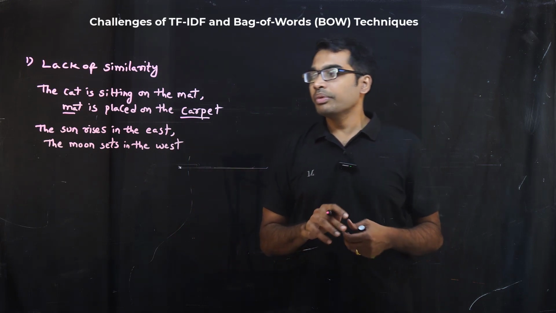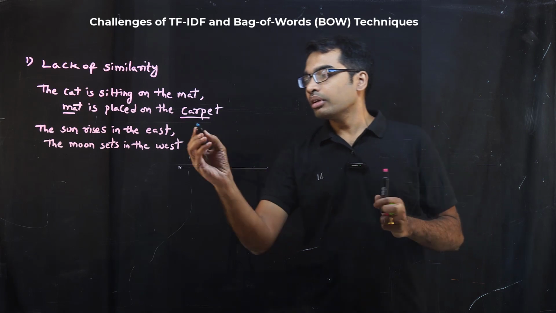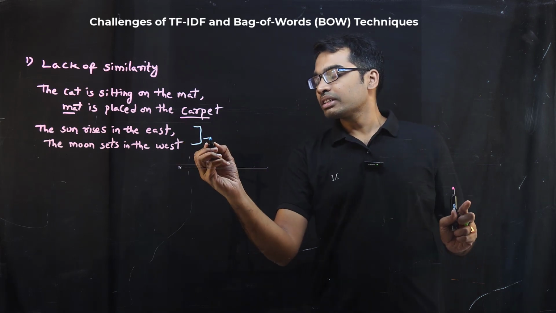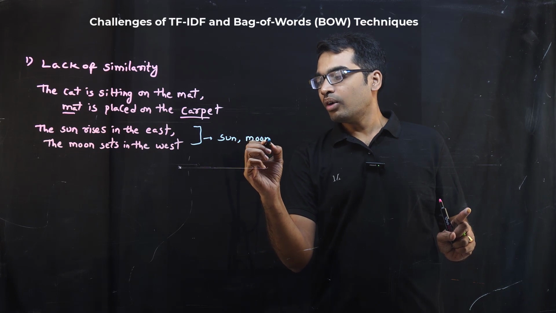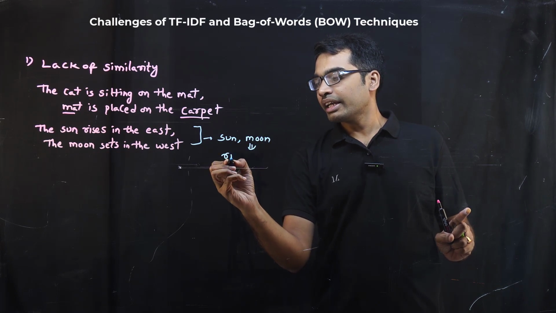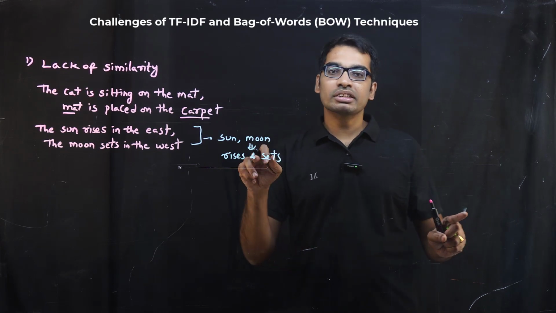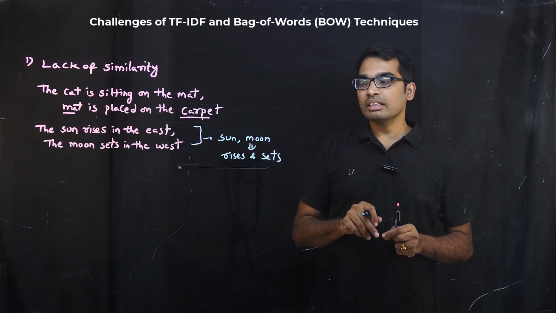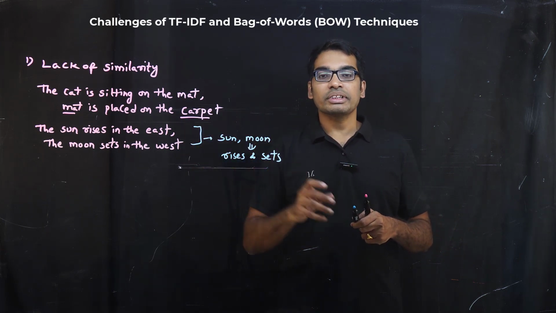In this example, how can you think of the sun and moon, and how are they related to rises and sets? Whatever methods we have learned, they will not be able to handle this with the classical vector representations. So that is one of the challenges that we still have.